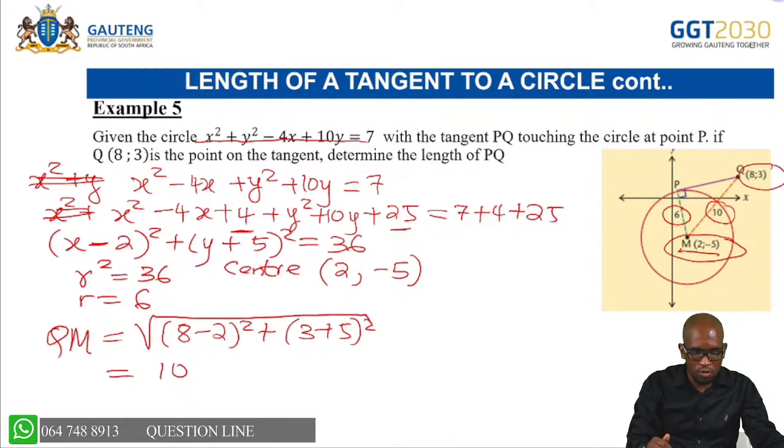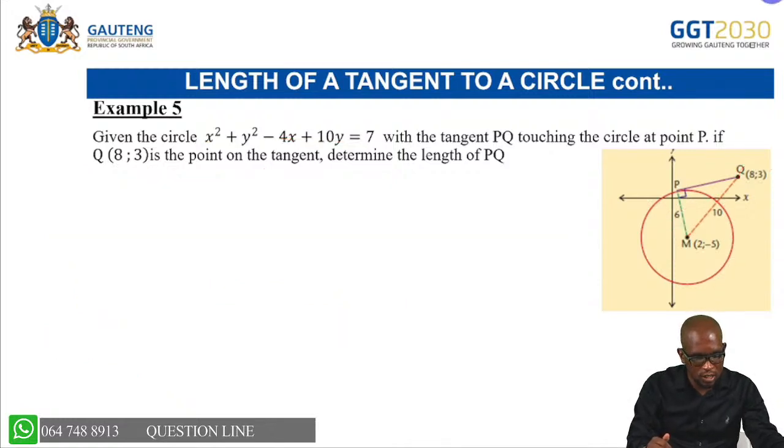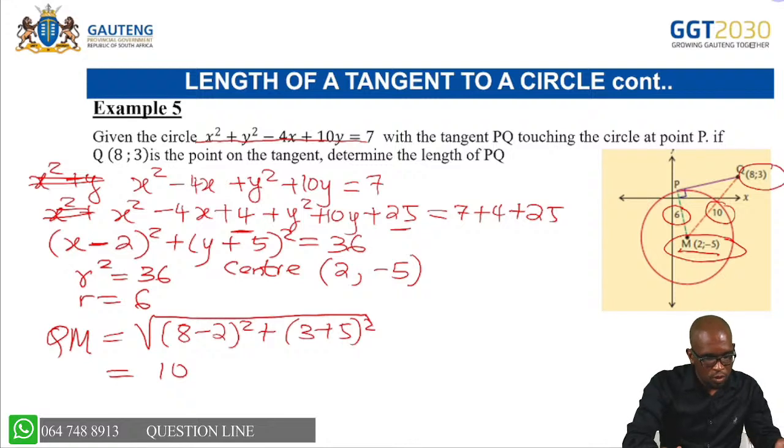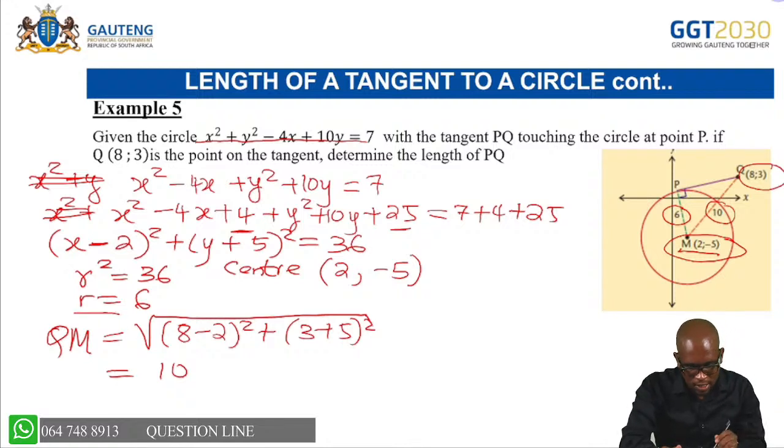In order for us to work out the length of the tangent in this case, we're going to be using the Pythagoras theorem, right? Let me go back a bit. We worked out the length of the radius, that is 6, and we put it on the diagram. And then we worked out the length of QM, that is 10, and we put it on the diagram as well. So we are looking for PQ now, which is the length of that particular tangent.